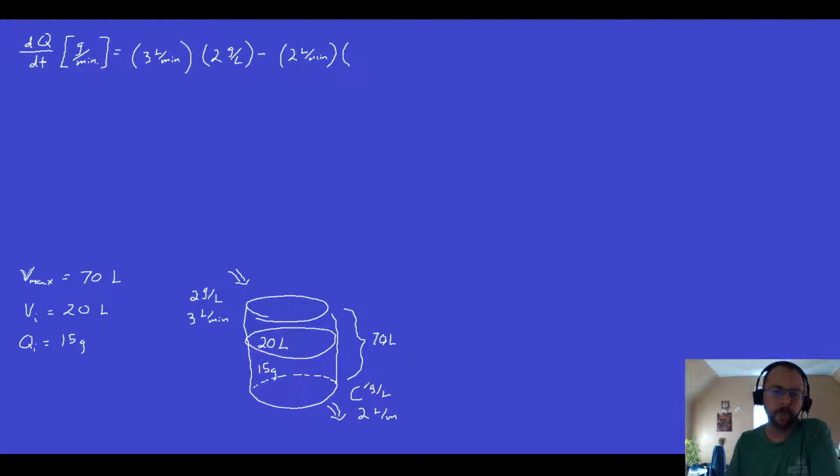We don't have any function for concentration, but concentration is equal to the thing that's in grams, which will be the quantity, divided by the thing that's in liters, which will be the volume. So we're going to write Q in grams divided by volume in liters. And now a quick check of our units. Liters cancel, liters cancel. So grams per minute minus grams per minute equals grams per minute. So the units check out.